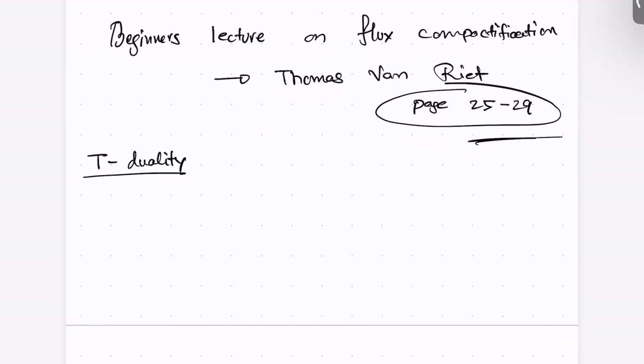Okay. So let's come back to our M10, where I do M9 plus my favorite example. What is my favorite example?